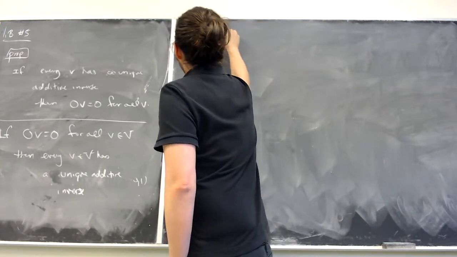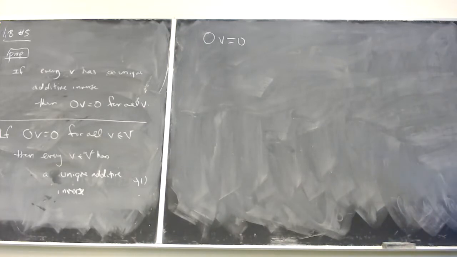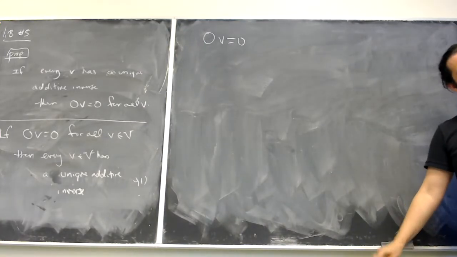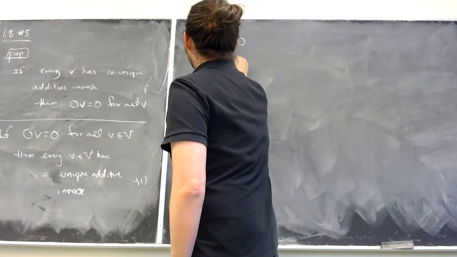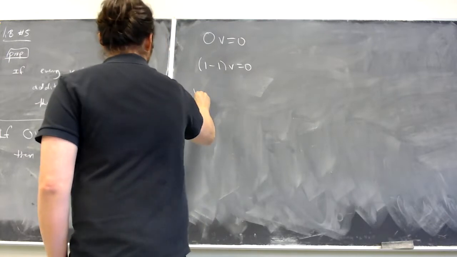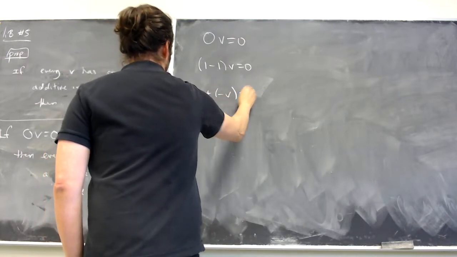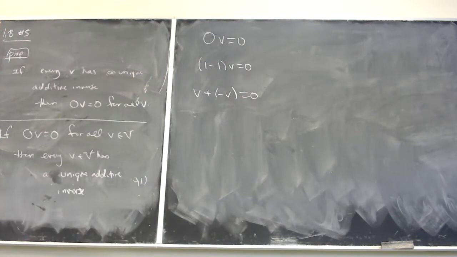So suppose you just write that down. What are you going to do with it? Scalar 0 times v equals the zero vector. Okay.